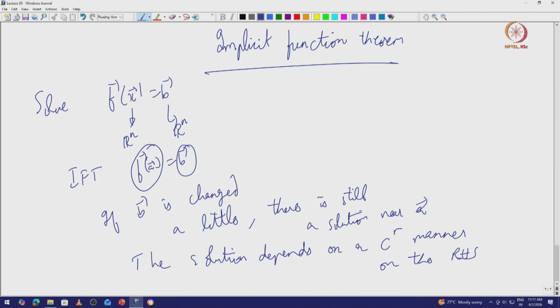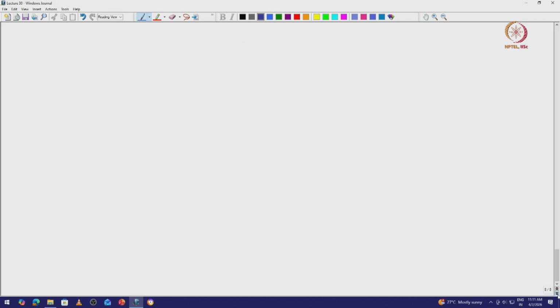So what we want is, if you wish, a generalization of this. Sure, on paper it can be thought of as a generalization, but in practice it follows from the inverse function theorem. So the inverse function theorem is somewhat more fundamental.